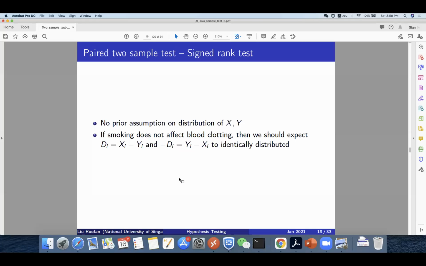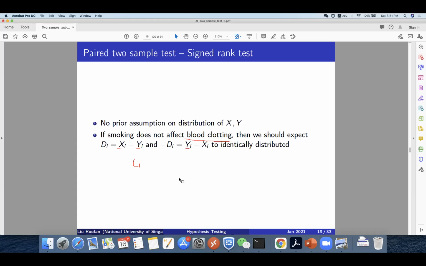So that means we need to have 2 samples, I mean experiment twice. Just for example, we get the blood clotting levels, before smoking and after smoking, and this is Yi, the blood after smoking.